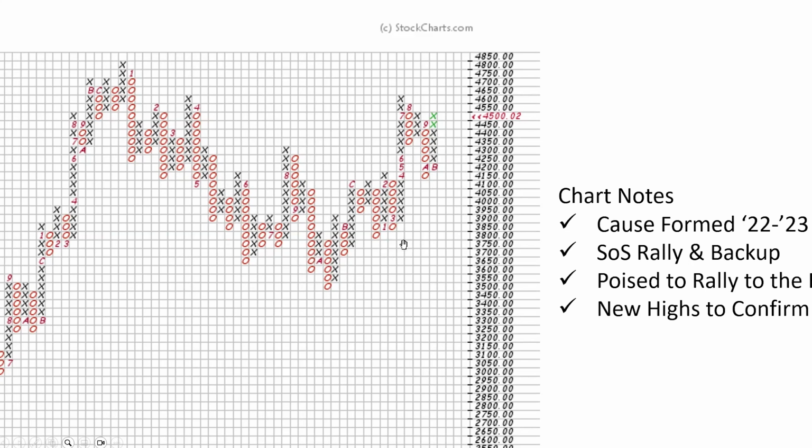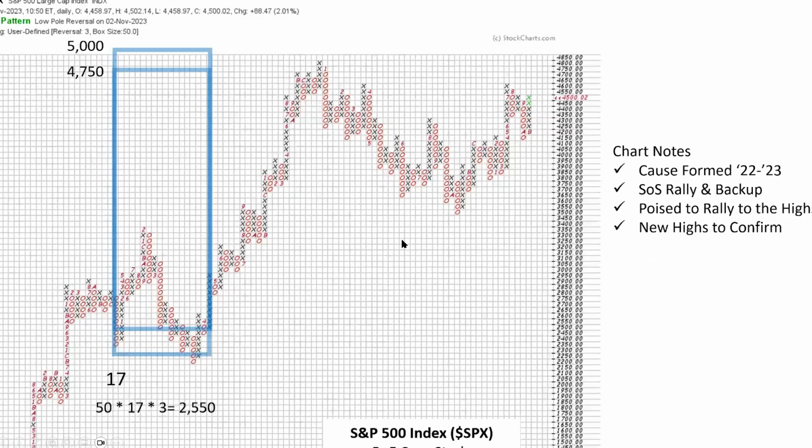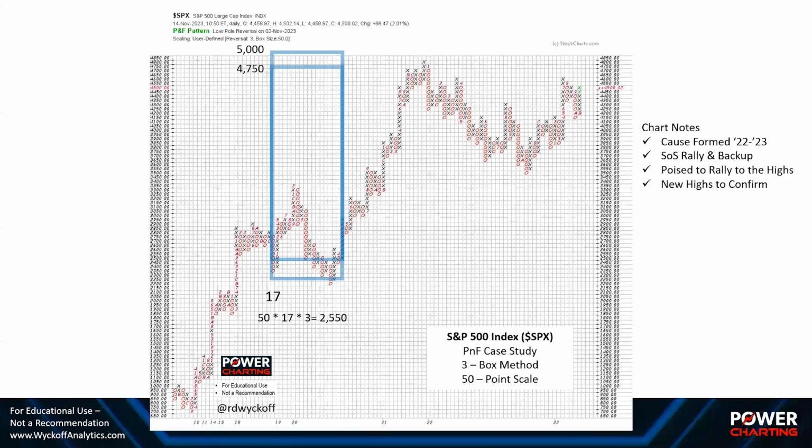So I want to make it clear that we always consider these counts to be conditional because they can grow larger. And at the time, we still were wrestling with the idea that it could be a down count. Now, we have our biases and we prefer to think in the upward direction. I do anyway.